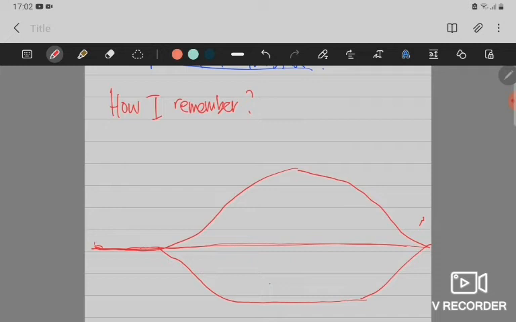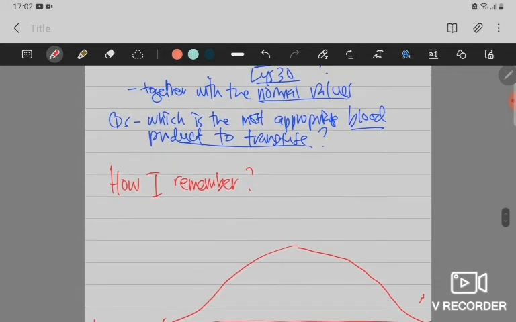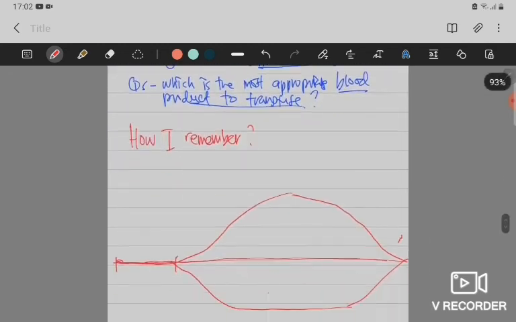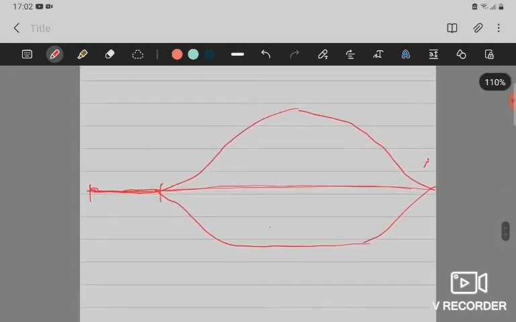Okay, so as I mentioned earlier, I tend to remember easier for TEG. So we use TEG. The first thing that occurs here is the R time. R time is the first to occur. First is F. F is FFP.